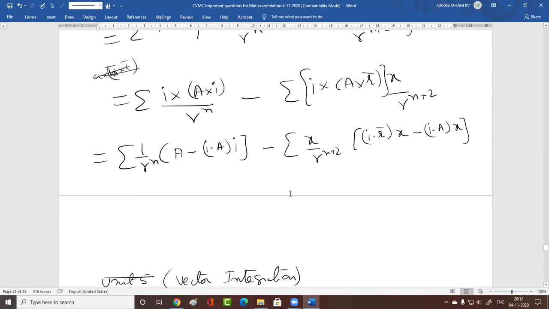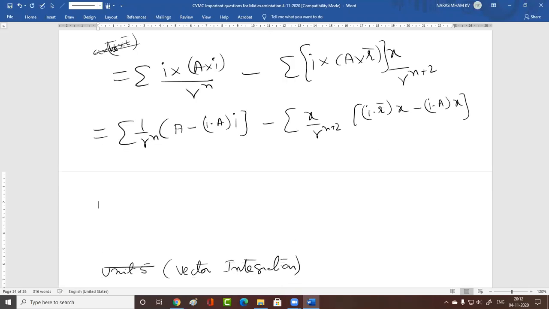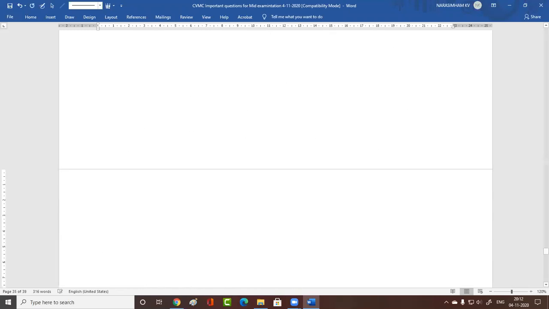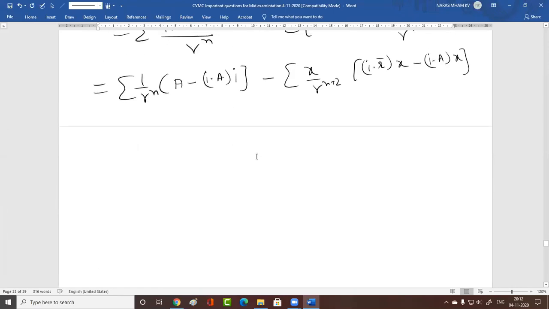Okay. Final conclusion. Now, very, very important conclusion. This is the crucial part. Now, listen to this part. Okay, what is i dot A? A equals A1 i plus A2 j plus A3 k. So the dot product with i is nothing but A1.